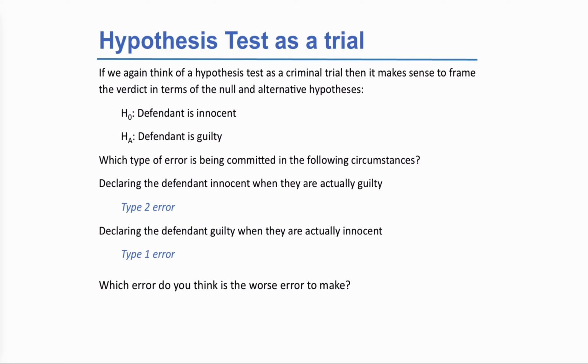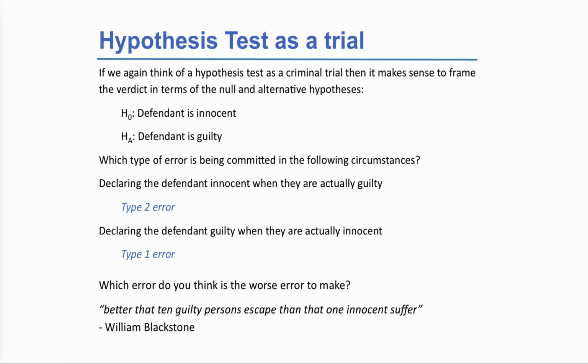Which error do you think is the worst error to make? Generally, we think that the type 1 error is worse. Declaring a defendant guilty when they're actually innocent is generally considered worse than letting a guilty person go free.